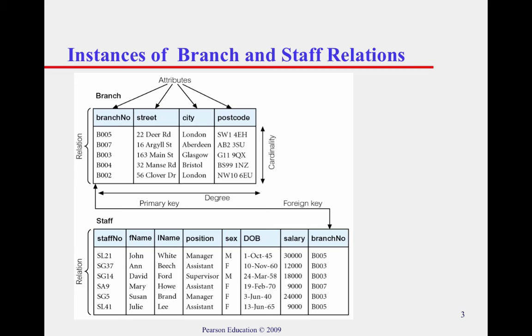And we refer to each row as a tuple. So that's the formal definition, and you'll also hear it referred to as a record. Each tuple, or each row, is describing one instance of that entity. So in the branch relation, each row represents a branch. In the staff relation, each row represents a staff member.